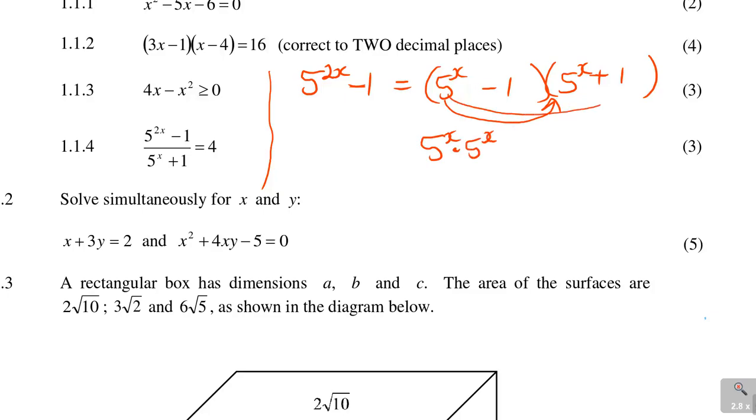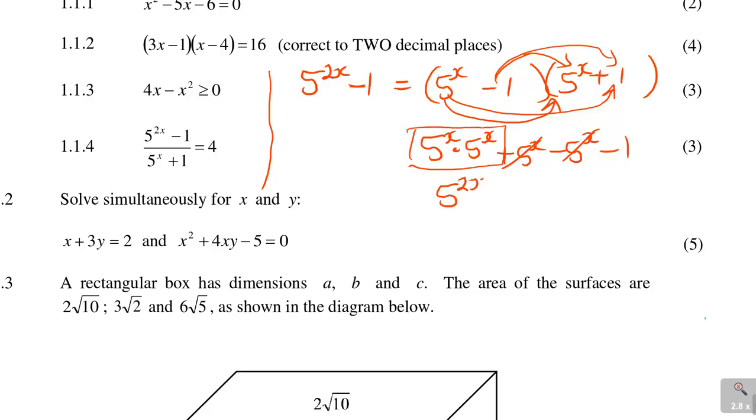Again, multiply that plus 5 to the power x. Then multiply that minus 5 to the power x, and multiply that is minus 1. So the center ones will cancel. So 5 to the power of x, remember x plus x is 2x, minus 1. So do you see that?